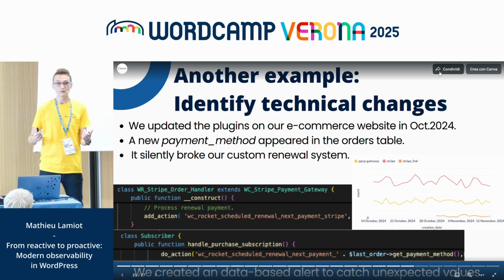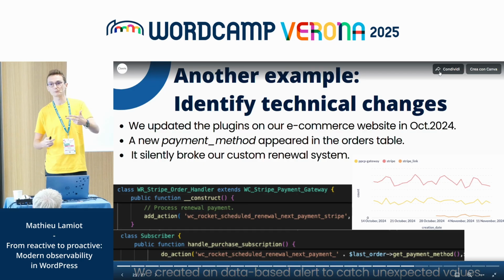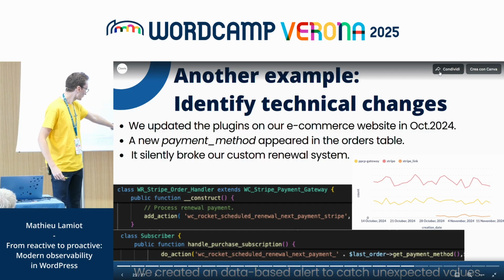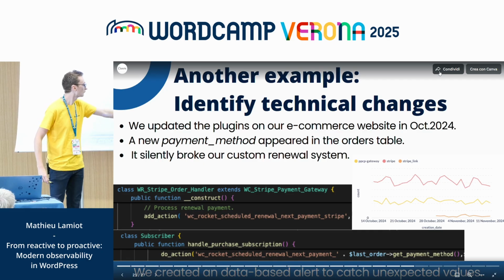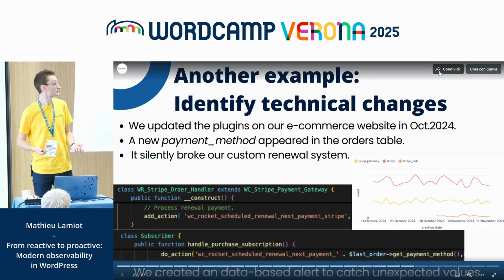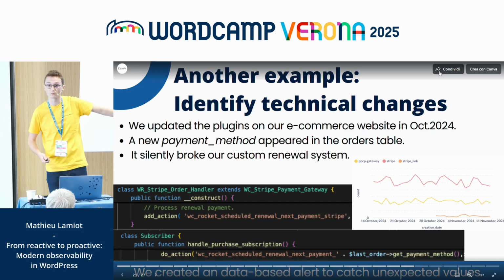So we were handling Stripe and PayPal, and all of a sudden, a third payment method has been introduced. So this code got executed, was calling the action underscore Stripe link, but there were no actions registered. So we never actually ran our renewal system for those specific orders.